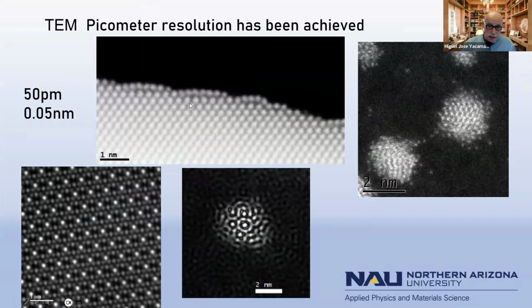Now we can see routinely atoms, and if you've never seen an atom, this is a picture in which every bright dot is an atom. And then you can see even some distortions in the way the atoms are located. And the resolution that we have is 50 picometers, below 1 Angstrom, okay? And also, you can see atoms all the time. This is very routine now, to see atoms.